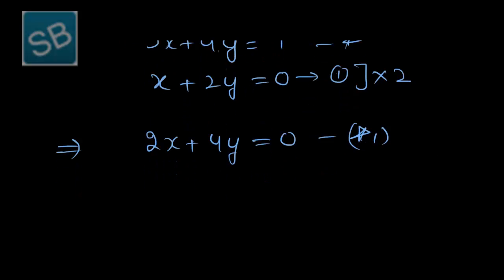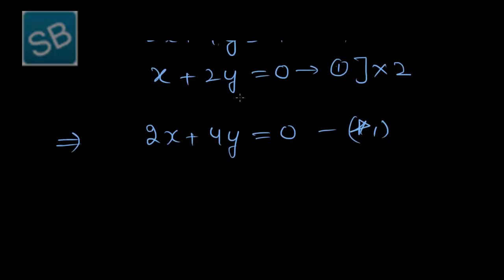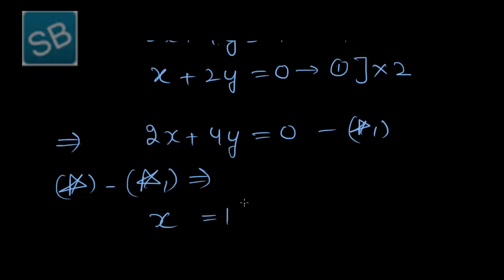So subtracting, because their signs are the same, star minus star 1 gives 3x minus 2x, that is x, plus 4y minus 4y is 0, which is equal to 1. So the value of x is 1.